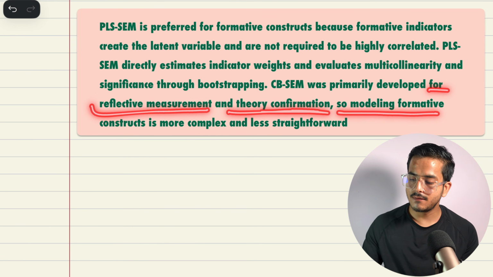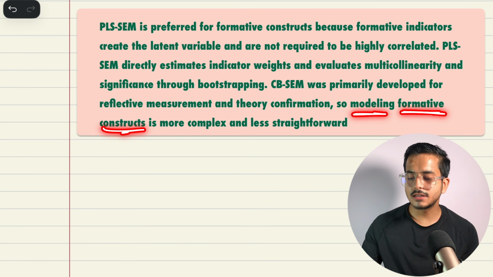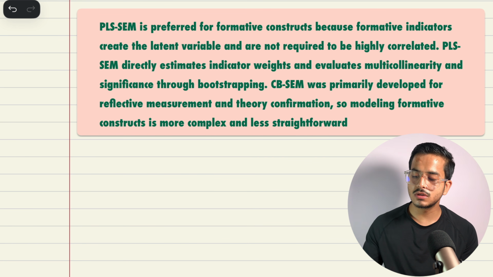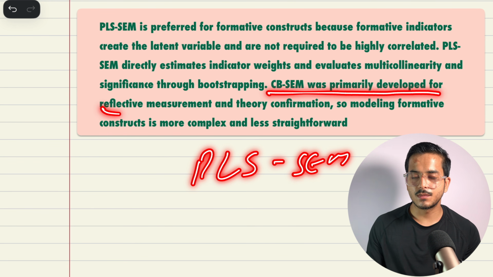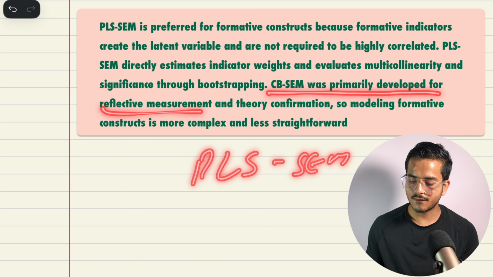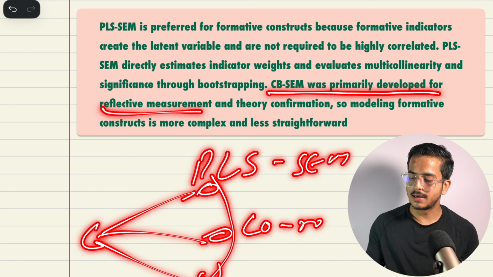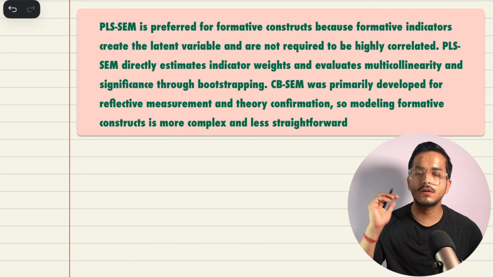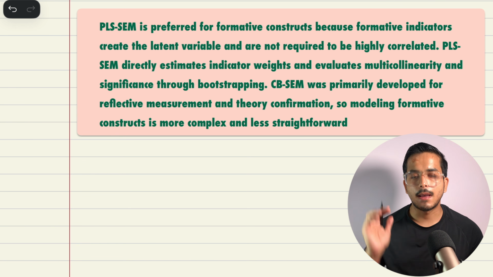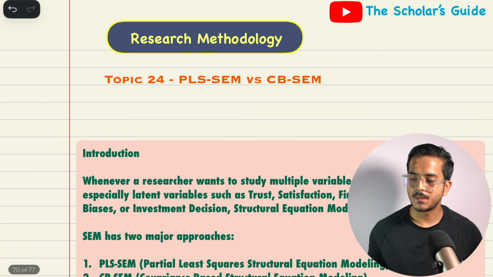Modeling a formative construct is more complex than straightforward, so when formative constructs are involved, it becomes more complex and less straightforward, and we use PLS-SEM. But CB-SEM was primarily developed for reflective measurements, where we have a construct and then indicators, which are highly correlated among each other, and for theory confirmation. There is previously generated theory and we confirm whether that theory applies to this particular data of respondents or not. So that's it for today.